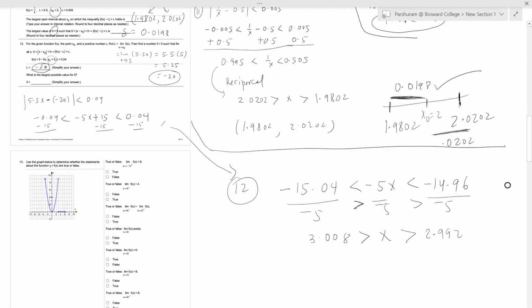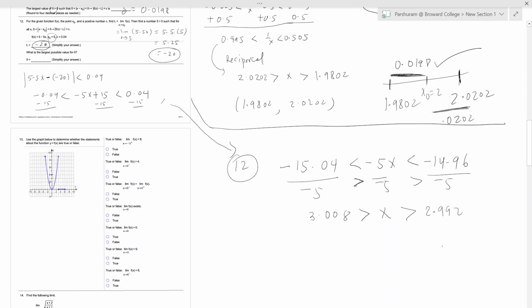So x should be from 2.992 to 3.008. Is that okay?